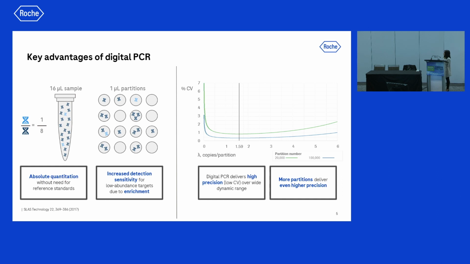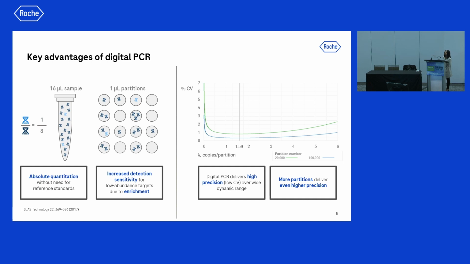In addition to that, the other advantages of digital PCR include the fact that you have a really nice high precision capability over a large dynamic range, with more partitions, 100,000 versus 20,000, giving even higher precision. And this is depicted here on the right, where on the x-axis you have what we call lambda, or the number of copies per partition. And on the y-axis is your coefficient of variation.